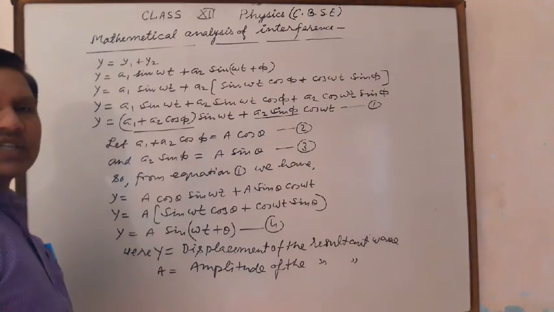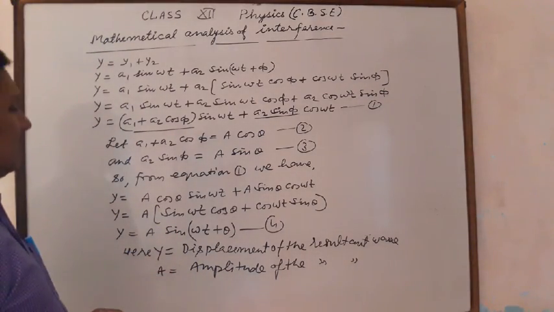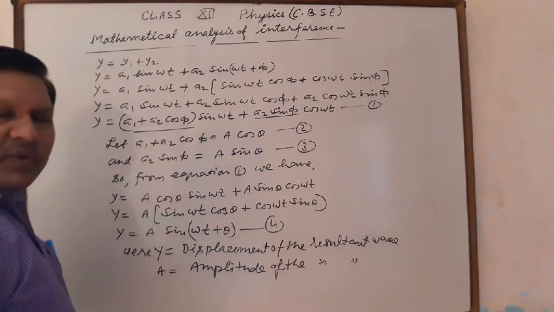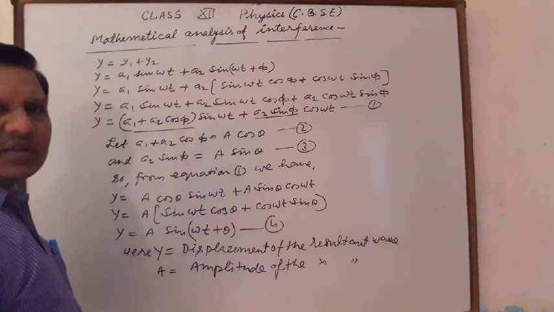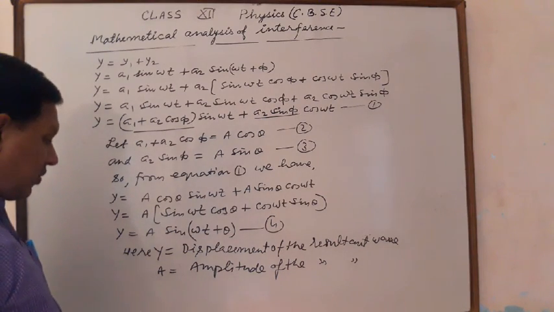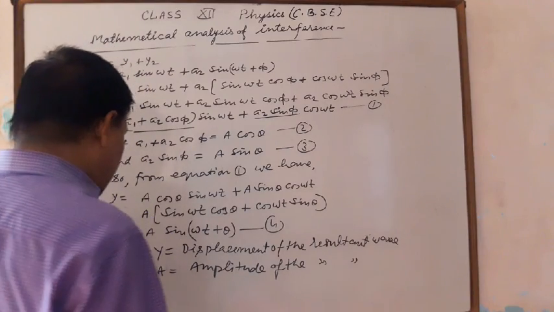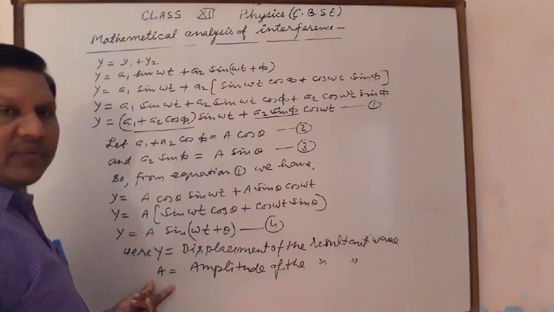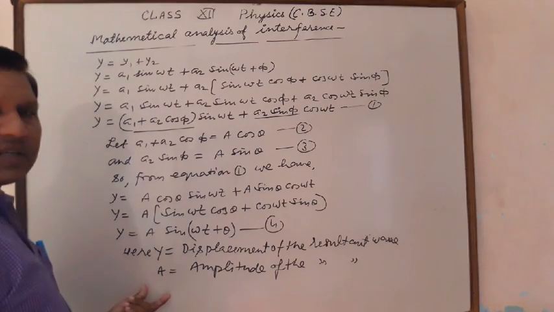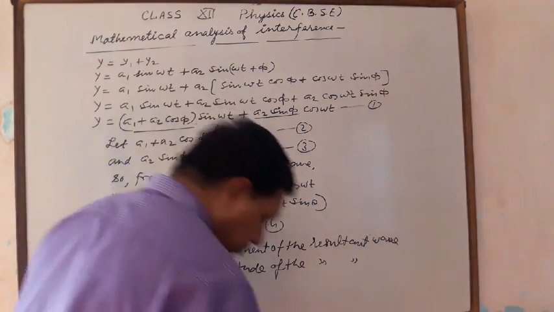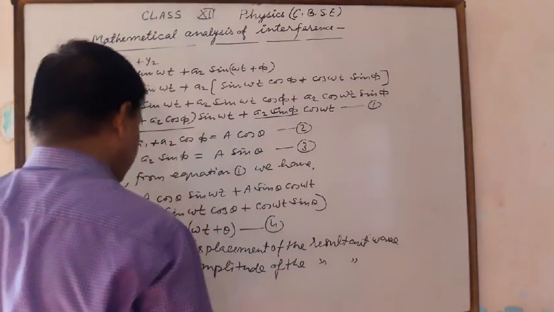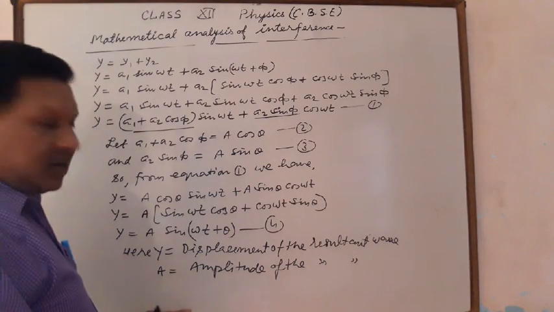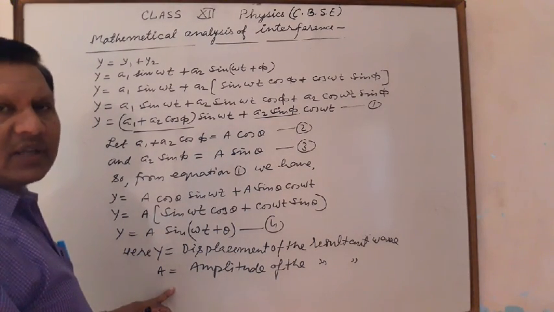So from equation 4 it is clear that when two waves are superposed, then a wave is obtained, which is known as the resultant wave. Now we find out the formula for the amplitude of the resultant wave.